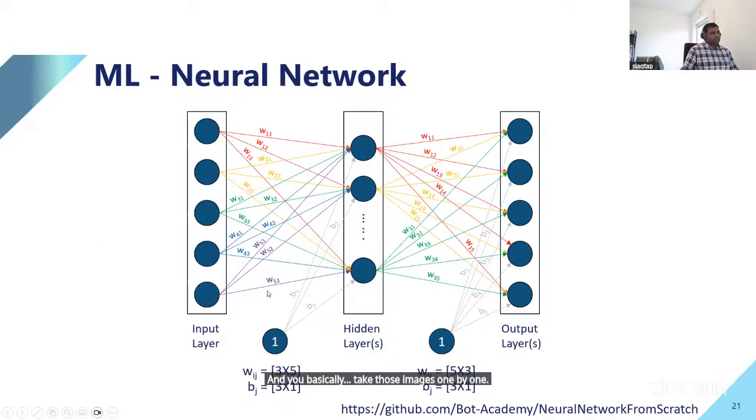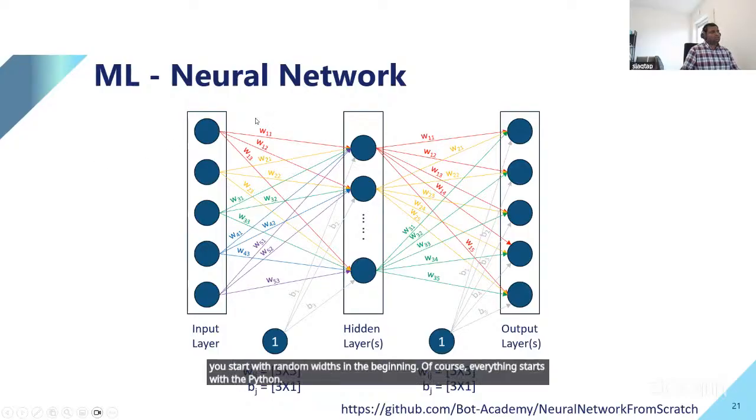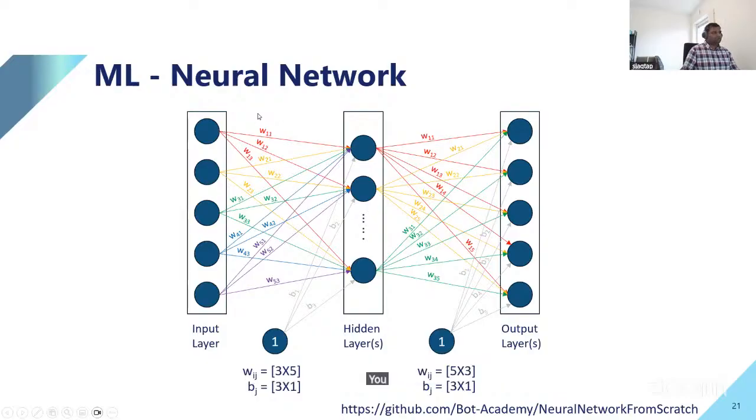You take those images one by one. You start with random weights in the beginning. Of course, everything starts with Python. You take one image, you see based on these random weights what this image is classified as. If that classification is not good, you go back, you adjust those weights. So basically it does iteration.